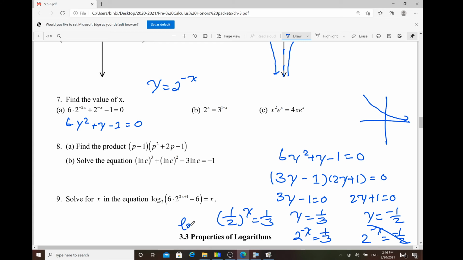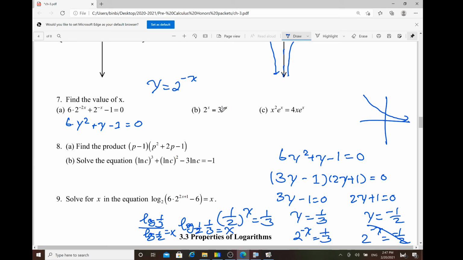Log base 1/2 of 1/3 equals x. What this means is that it's log of 1/3 divided by log of 1/2, and that will be the value of x. So that one is going to be a very small number. Okay, so you can try the rest of this to find out the value of x.